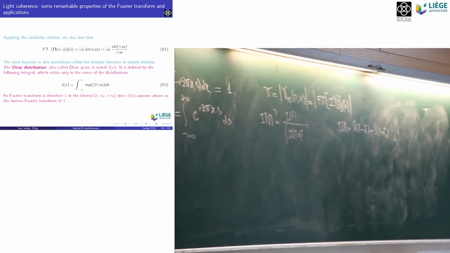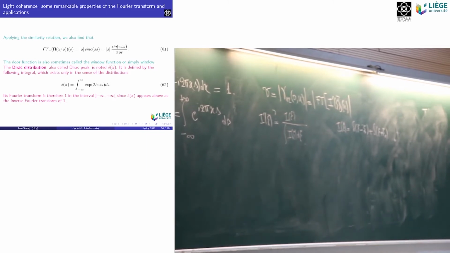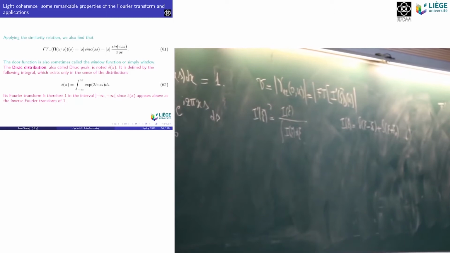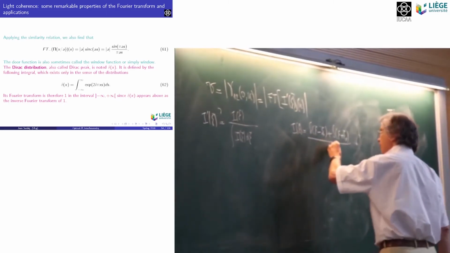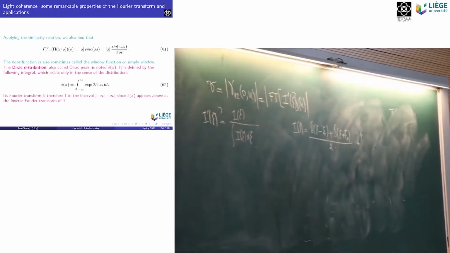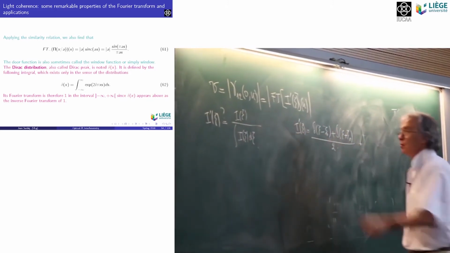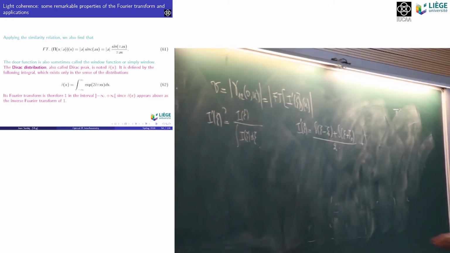One is located at plus ζ0 and the other one at minus ζ0. Now if I ask you, is this intensity normalized? No. When I integrate, how much do I get? 2. So easy, I divide by 2. And now this is a normalized intensity.